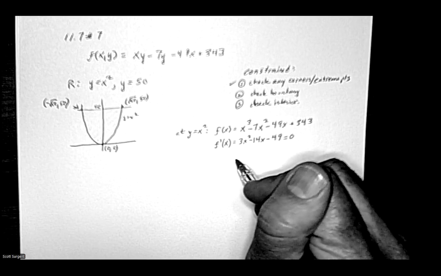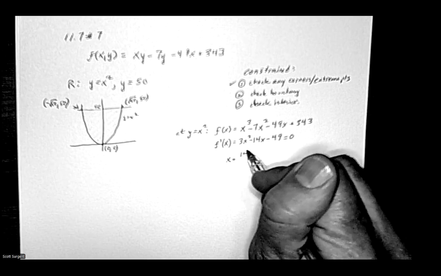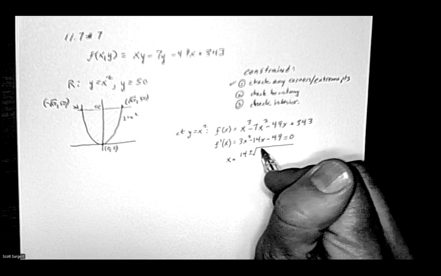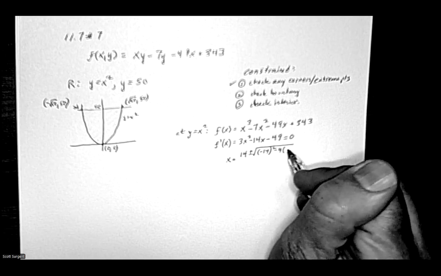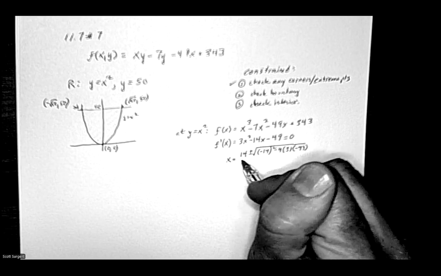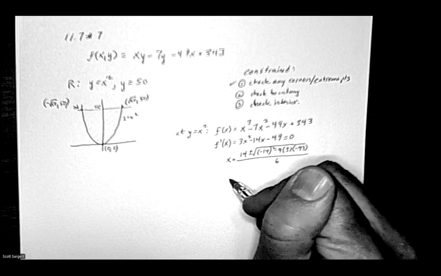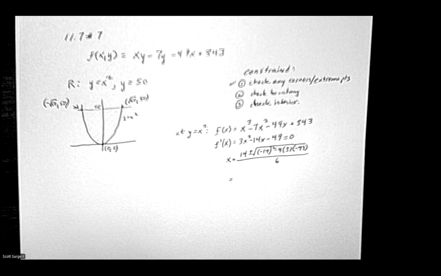So I want to set it to 0, and I'm going to use the quadratic formula. So that's going to be negative of negative 14, plus or minus the square root of negative 14 squared, take away 4 times 3 times negative 49, all over 2 times 3, which is 6. I'm just going to use a calculator.